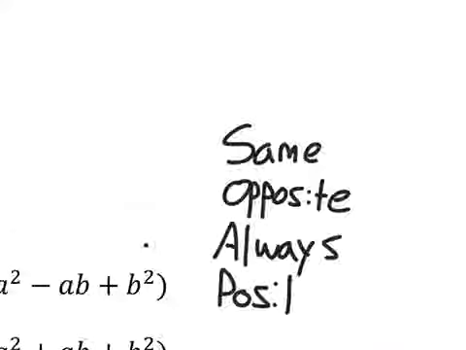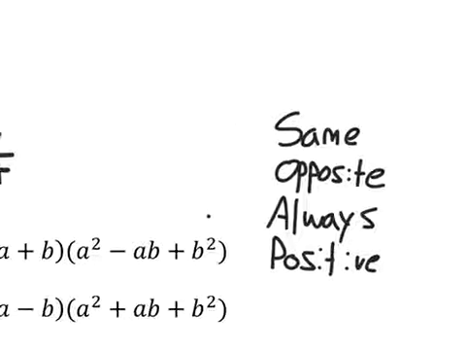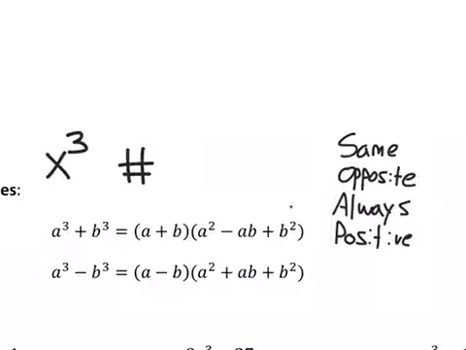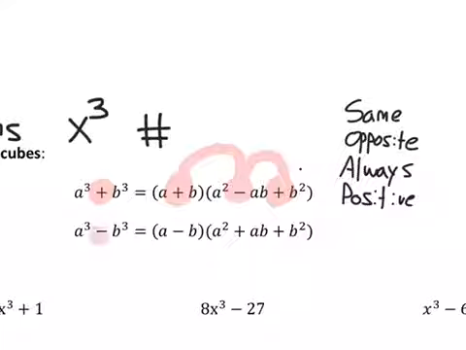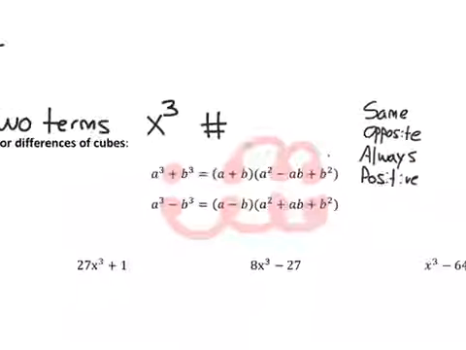All right, and that's what's going to help you remember what signs to use on this. All right, and here's what I mean by that. If your initial problem started off with a plus sign, your signs would be the same, so a plus sign, opposite, which would be a negative sign, and then always positive. This one here starts negative, so it would be the same, opposite, always positive. So if you can remember SOAP, and you can remember a b, a squared, a b, b squared, which just follows a little pattern there, you're good to go on these.